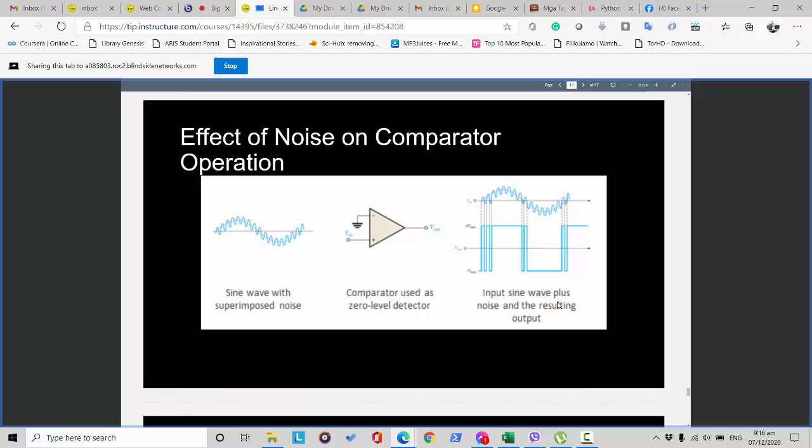The input sine wave we have here will be added with the noise, so we have an input sine wave plus the noise, and then we have the resulting output here. This will be the case when we put this sine wave with superimposed noise in our comparator.